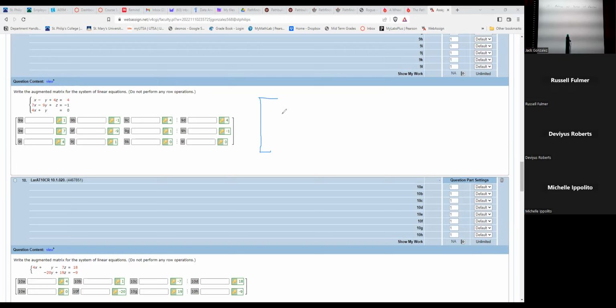So down the first row, 7. Next one would be -1, -9. Then 4, 1, 0, 4, -1.